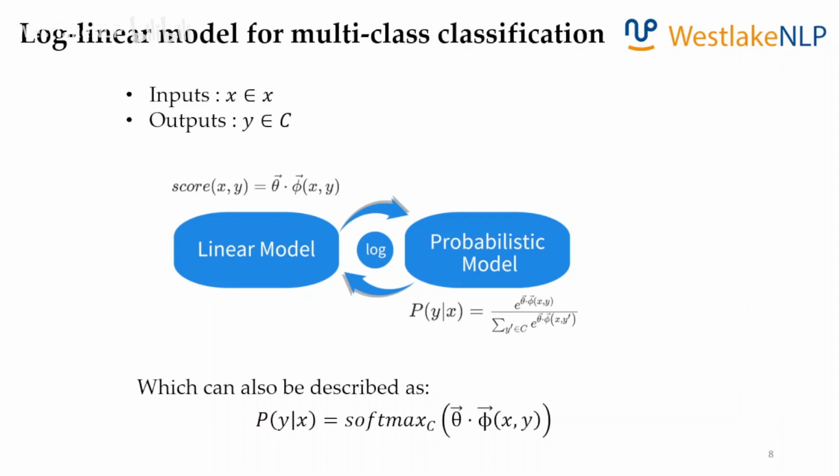Why is that a probability? Because if you add the normalized score of every class label y prime together, you get a total of 1. So it means that this is a probability. In other words, we did a simple trick.